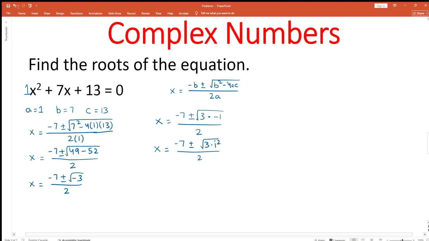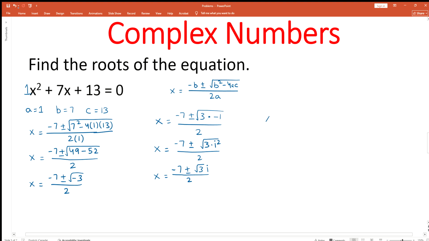The square root of i squared is equal to just i. These are the two complex or imaginary roots of this equation.